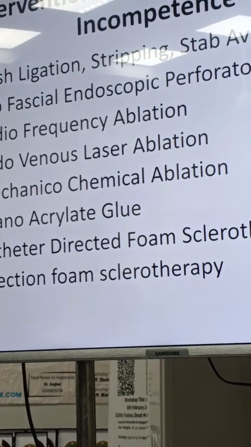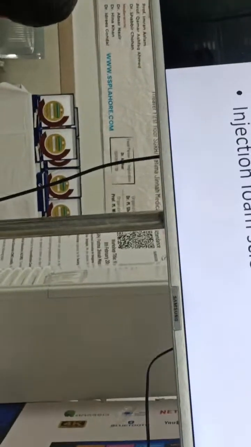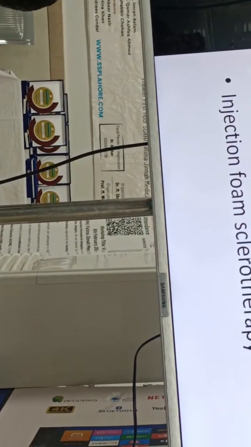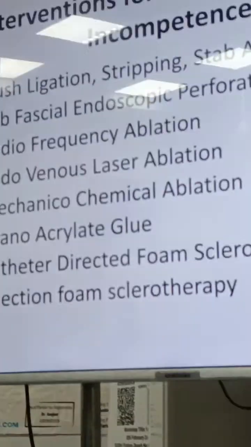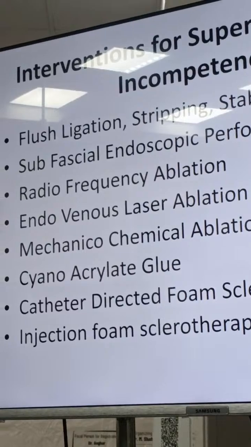In endovenous laser, as the name tells, laser is the source of heat. Otherwise, the complete procedure is the same. The difference is just the generator and the catheter. The whole principle and procedure is the same, so if you learn one, you learn the other as complementary.